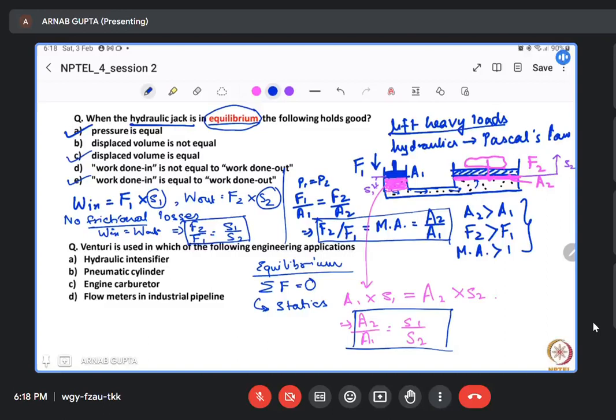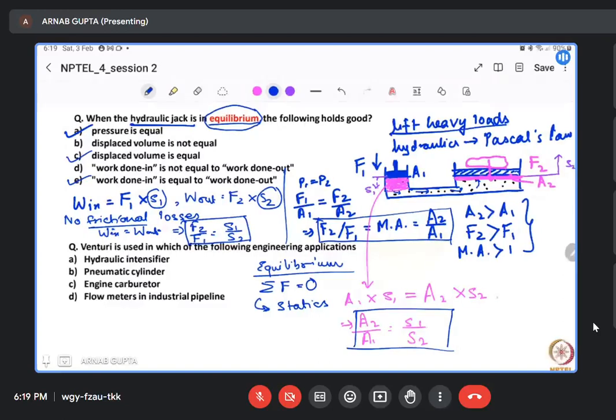There is no acceleration. Again, the velocity of this output piston is also uniform. I hope you understand that this particular system is in equilibrium. So this is just the case of statics.